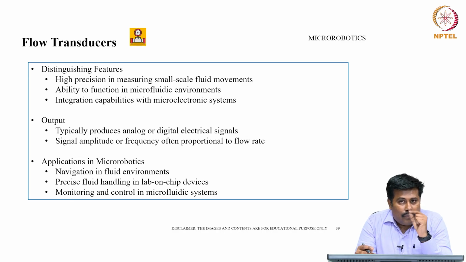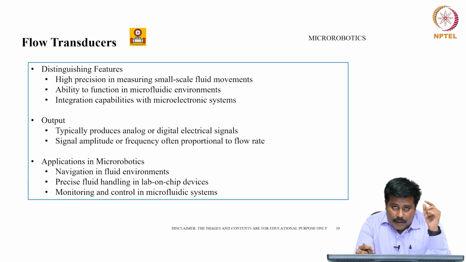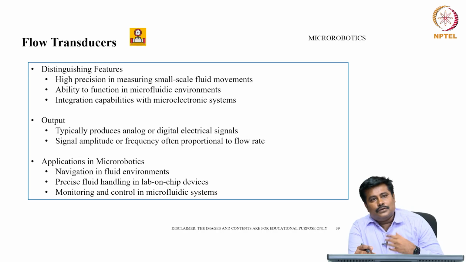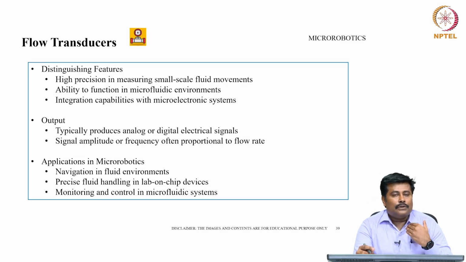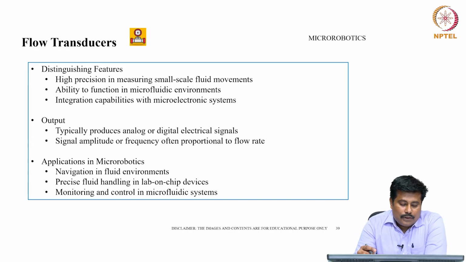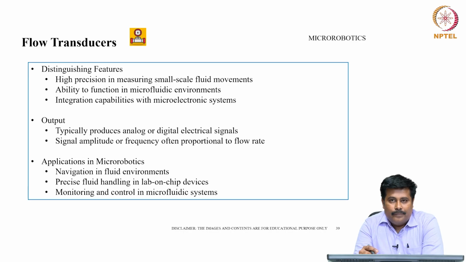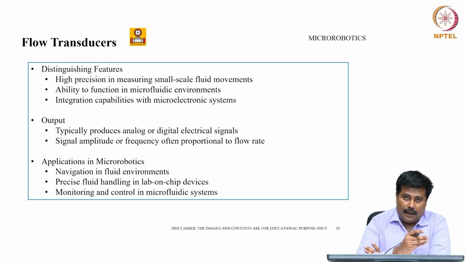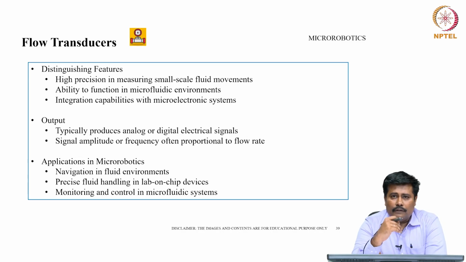In order to measure these micro displacements, the flow transducers should be capable enough: they should have high precision in measuring at a small scale, the ability to function in the microfluidic environment, and an integration capability with microelectronic systems.